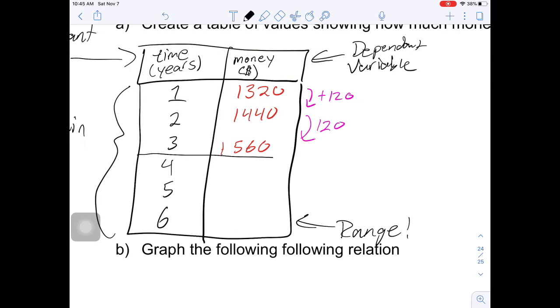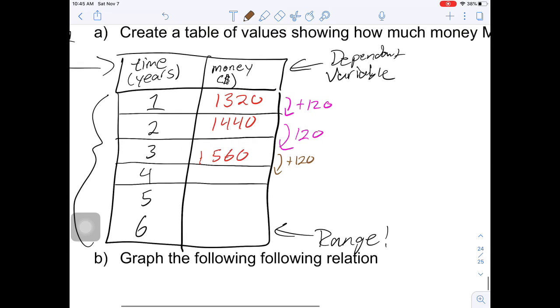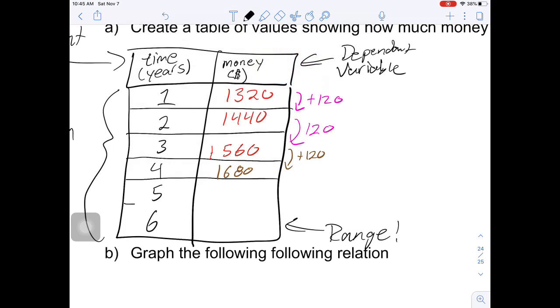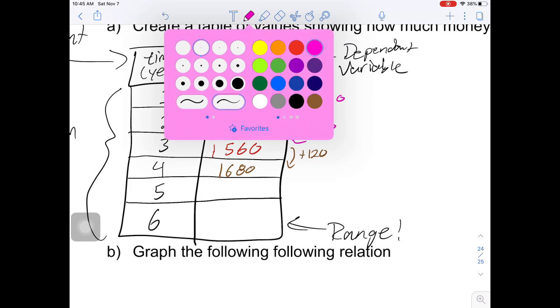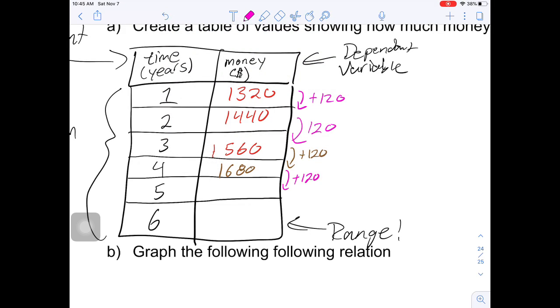Let's clean up this graph here just so we can see it a little better. So this is going to continue on, plus 120. 1,560 plus 120 gives me 1,680. Then since this is a linear relation, to get to the next number, we add 120 again. So 1,680 plus 120 gives me 1,800.